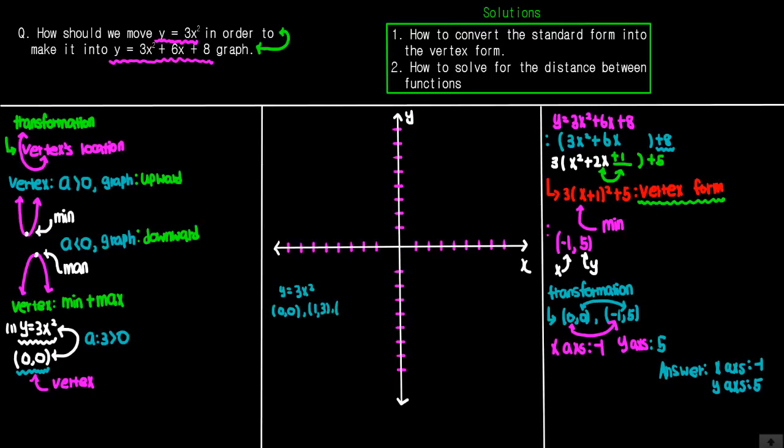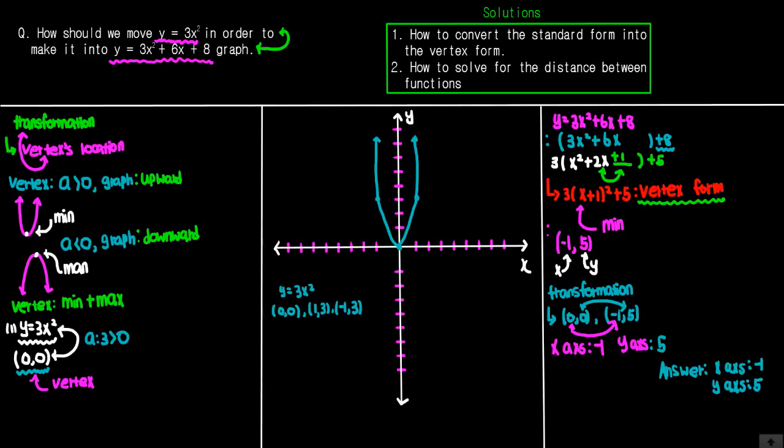If you input the value of -1, -1 squared is 1 times 3, which is 3. So we can plot these points: (0, 0), (1, 3), (-1, 3). So the graph will look approximately like this, passing through our 3 points, and it satisfies our equation y equals 3x squared.